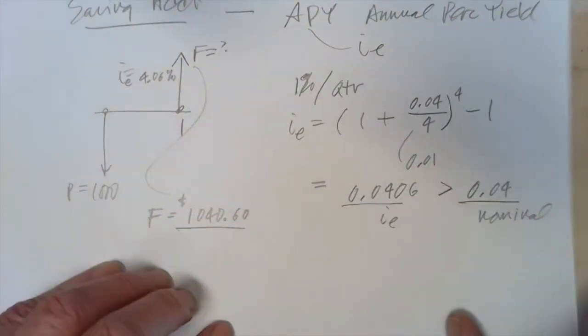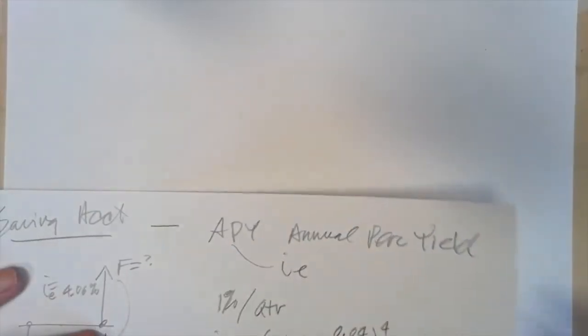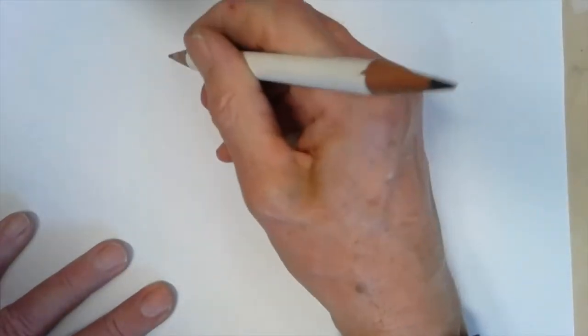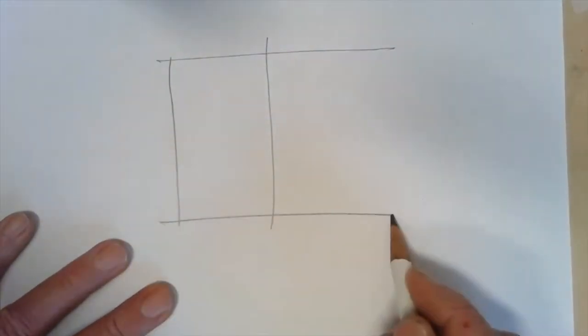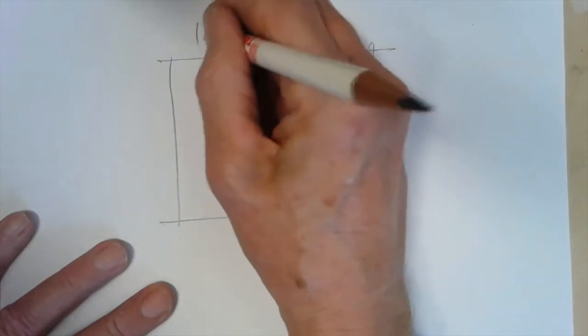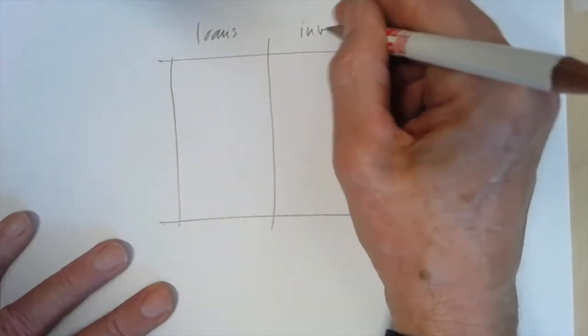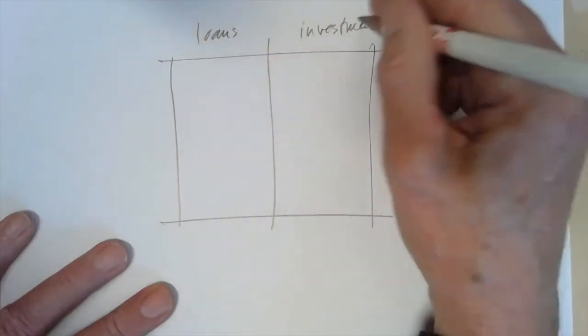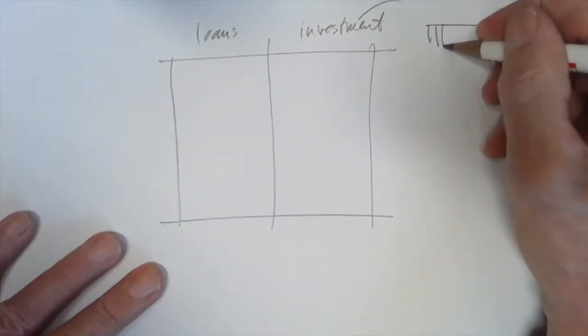All right. The last thing I want to tell you about in this subject is my little chart that I always use to keep everything straight. What we have is loans and investments. What does an investment look like?